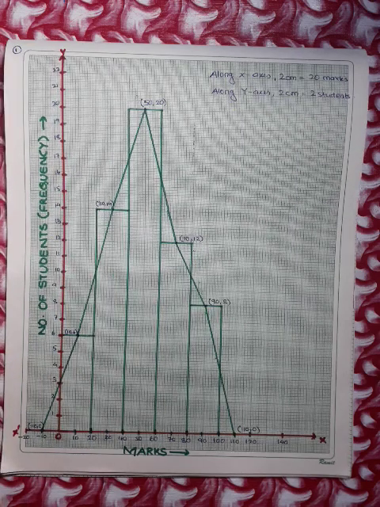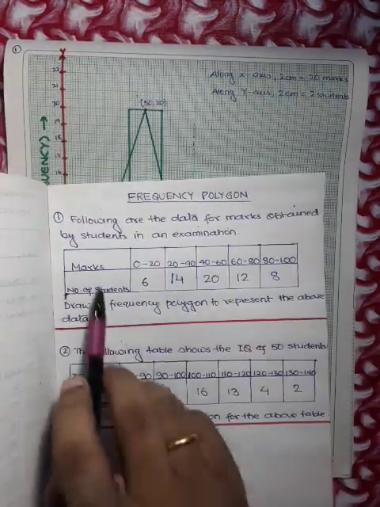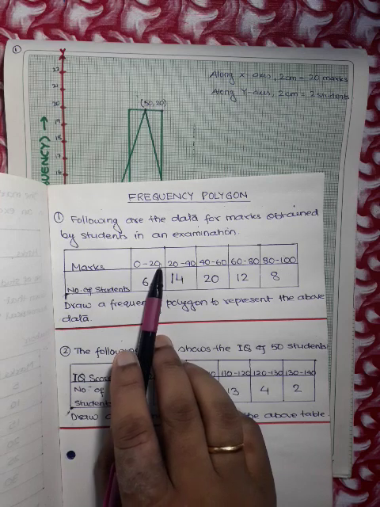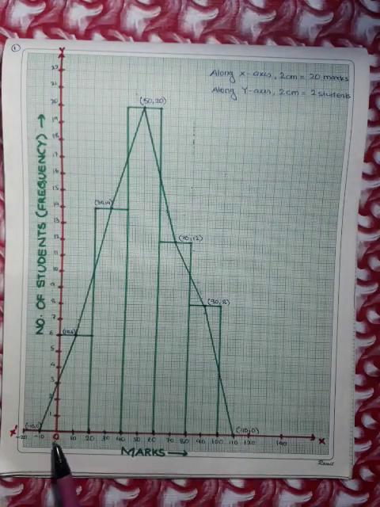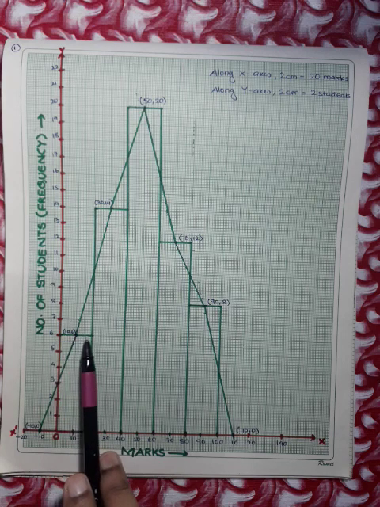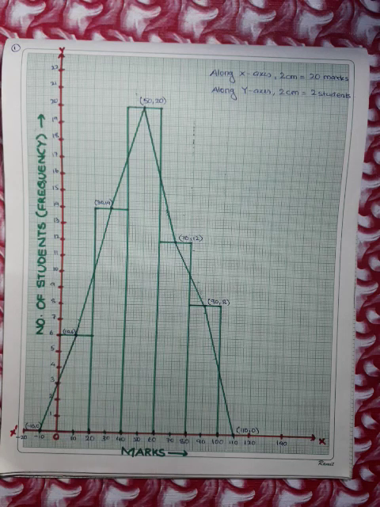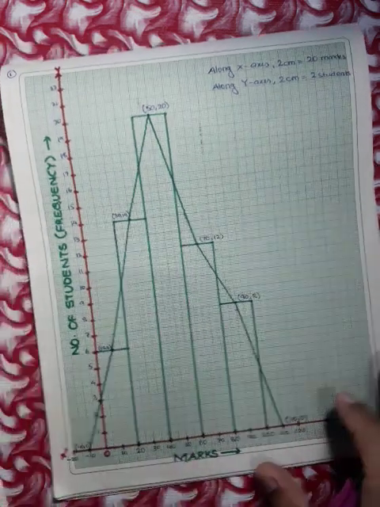Just now we have seen that marks are 0 to 20, and the number of students is 6. So you can see here 0 to 20, number of students is 6. Just draw a line. This is 2 centimeter, right?